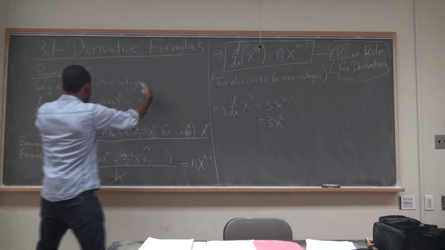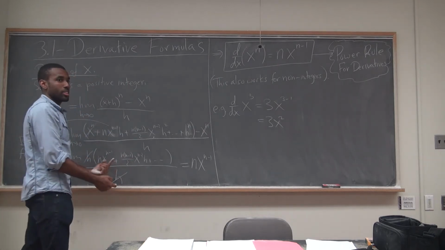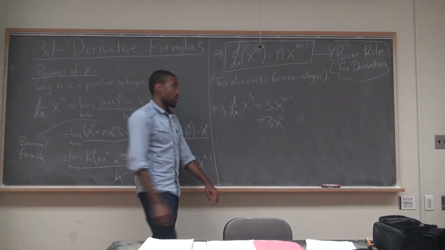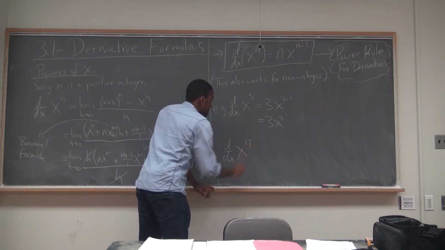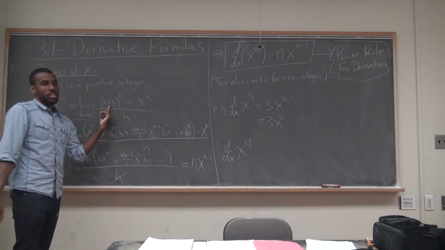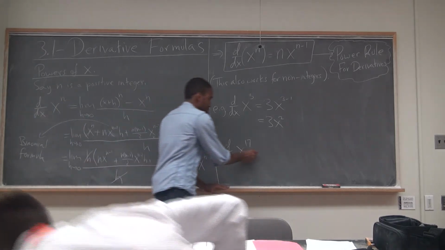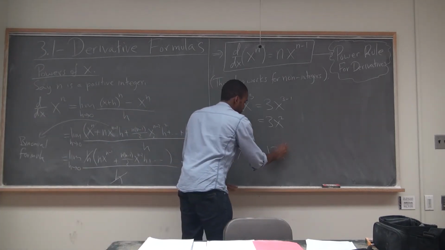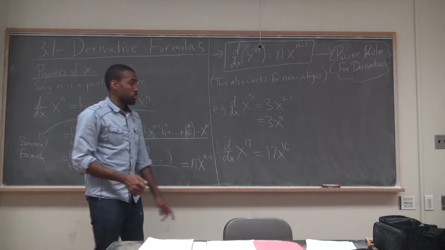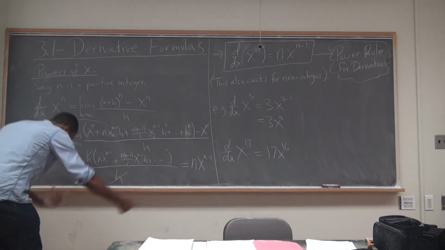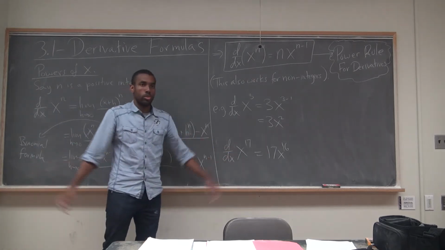Which means if you went through this whole thing, at the end of the day, that's what you would have gotten, right? If I ask you what's the derivative of x to the 17, no one wants to expand x plus h to the 17th power. It's just going to be 17x to the 16. Which means if you plug that into this limit definition and went through the whole thing, you would have gotten that.